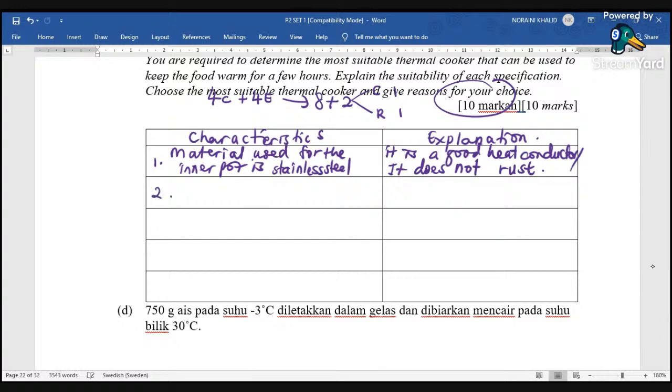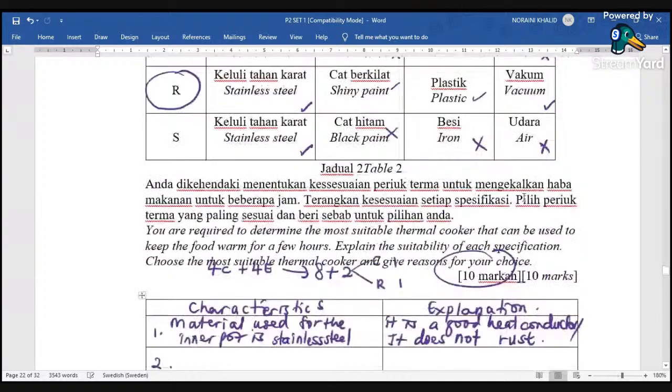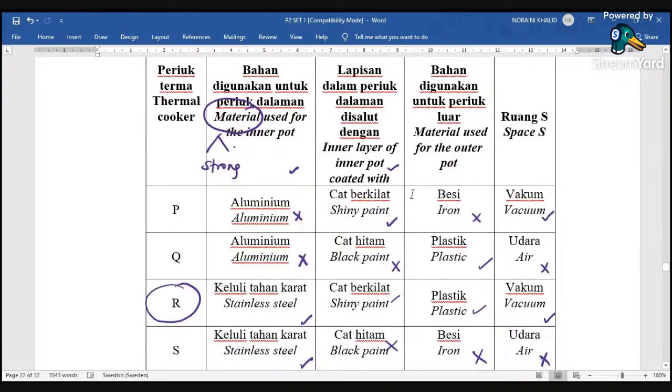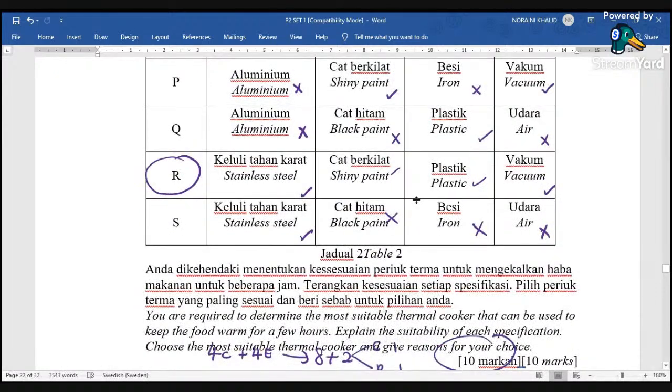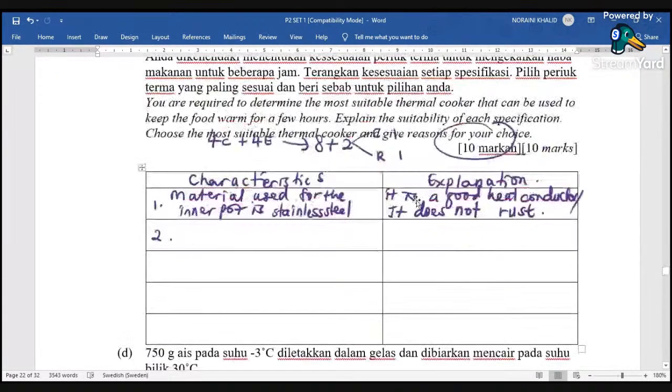Okay, the second one is about the inner layer of the pot. You copy it from here. Inner layer of the inner pot is coated with shiny paint.